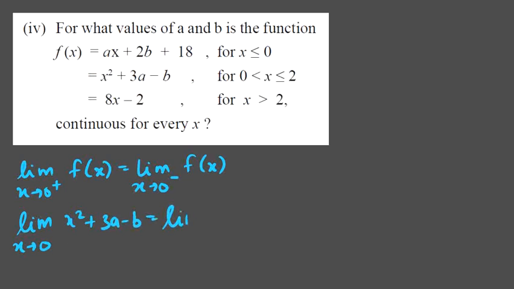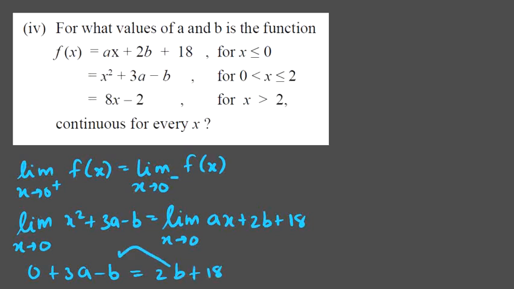On the right hand side, that will be limit of x tends to 0 minus, which means x less than 0, for which the function is this, that is ax plus 2b plus 18. All you need to do is put x equal to 0 in the given expressions. So that will give you 0 plus 3a minus b equal to, here it will be 0 plus 2b plus 18.